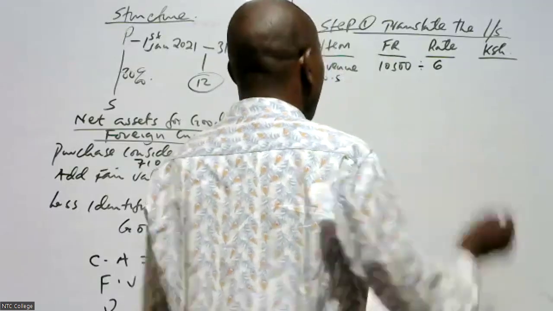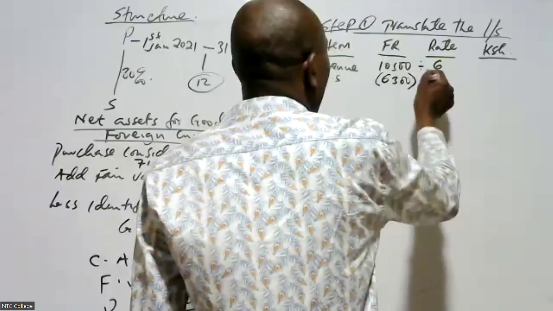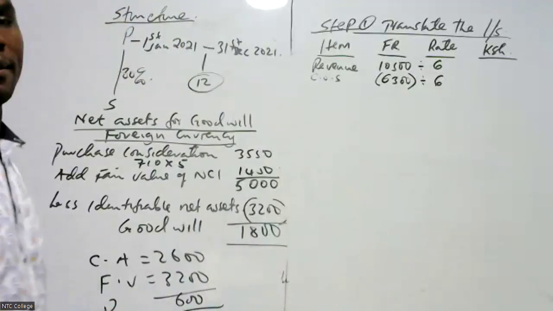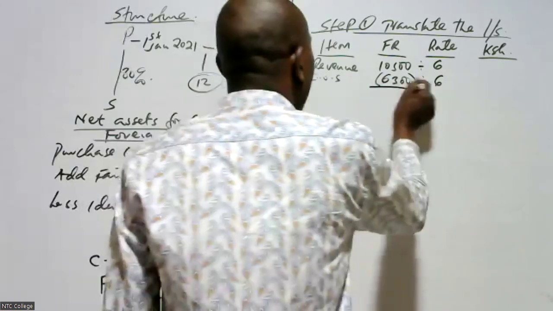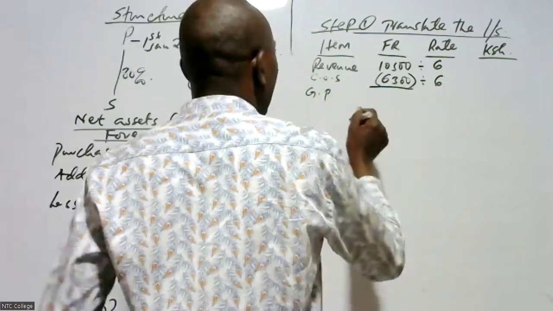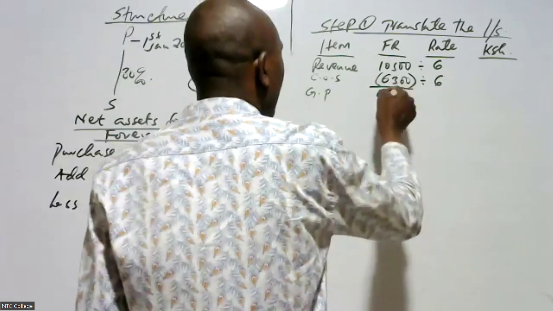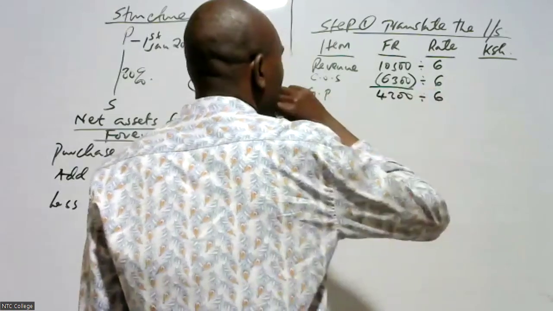Cost of sales is 6,300. I divide by 6. Then I get the gross profit, which is 4,200. You divide by 6, of course.